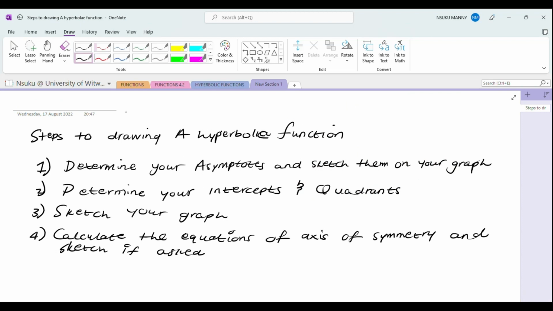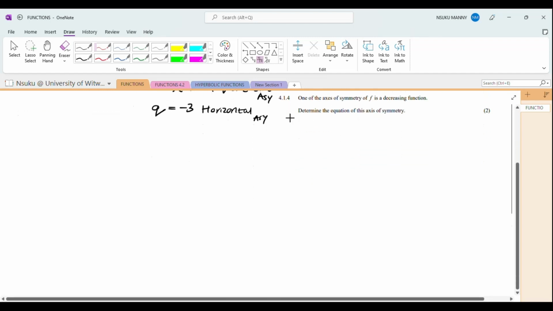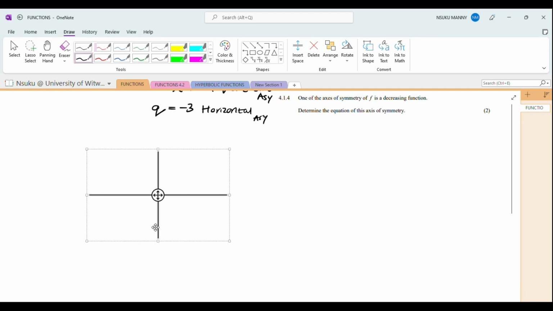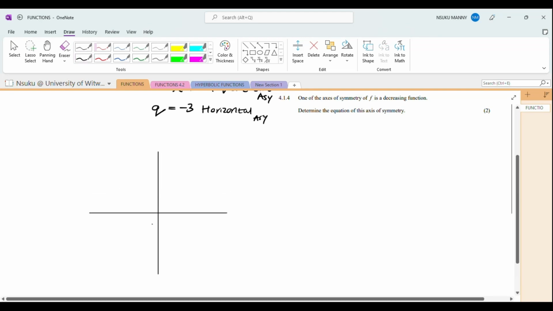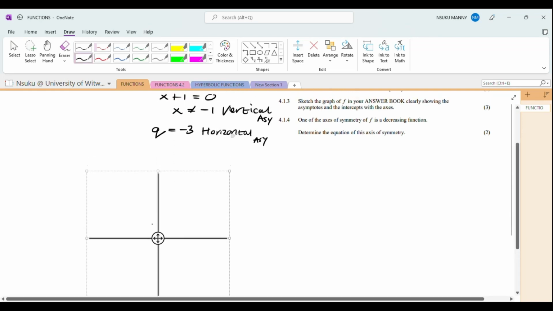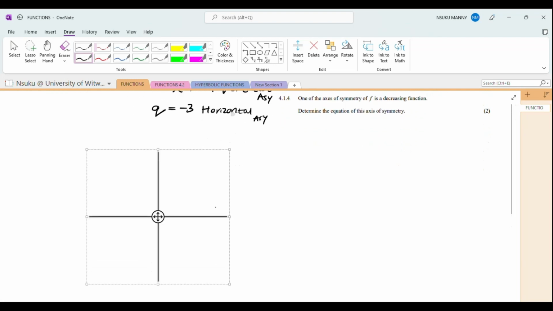So we're going to sketch that quickly. Just going to click here, slide down, and try to sketch that. Okay, so now to sketch our asymptotes, we said our horizontal asymptote will be equal to -3. So let's just put -3 somewhere here.